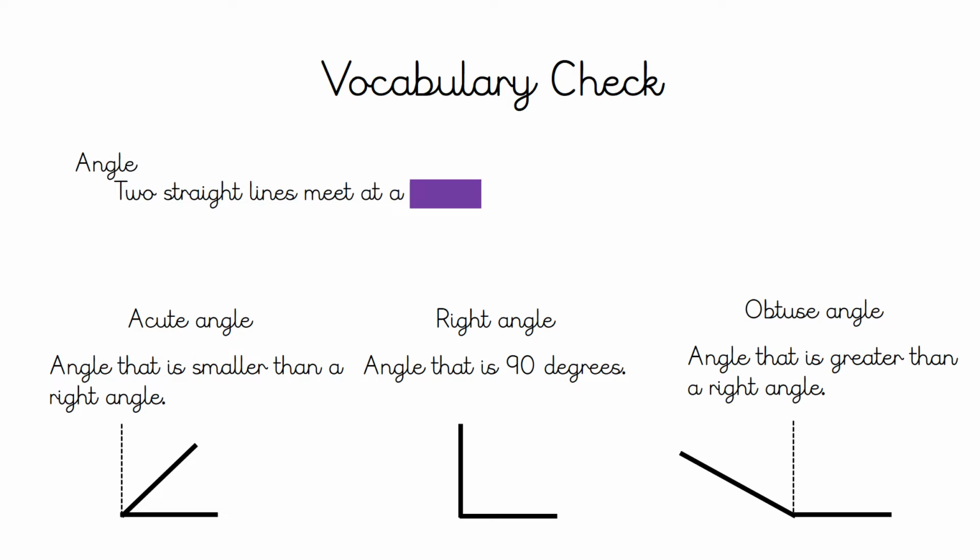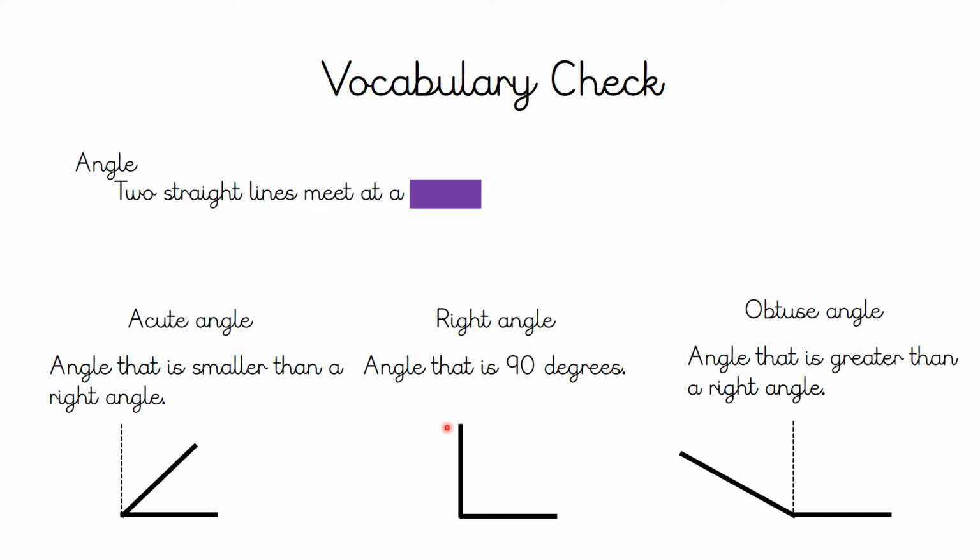We are also going to use what we have learnt about angles to help us describe the 2D shapes. We know an angle is when 2 straight lines meet at a point. We know that we can name the angles based on their size.